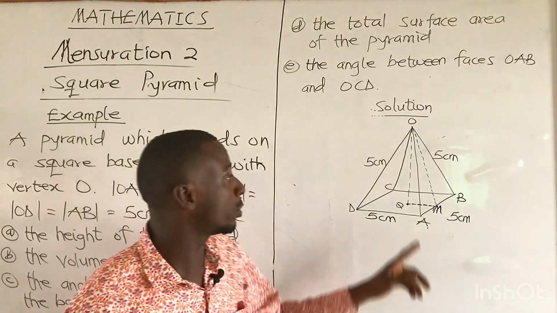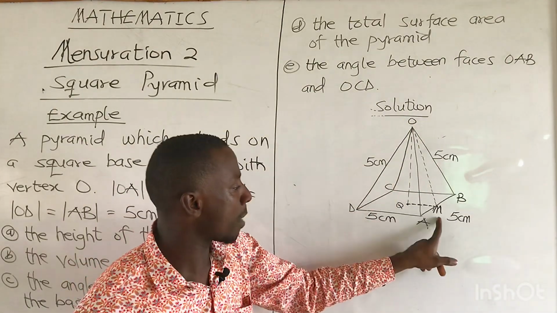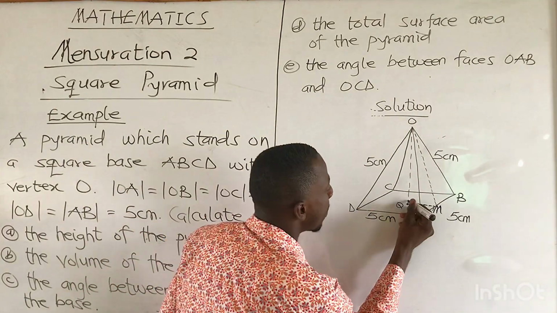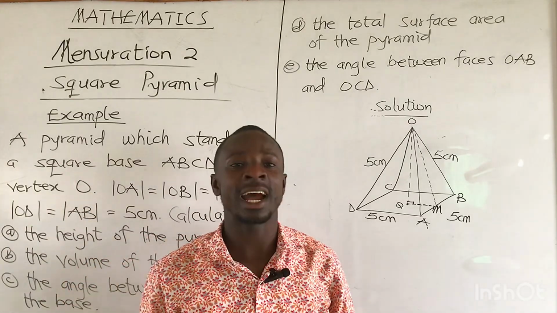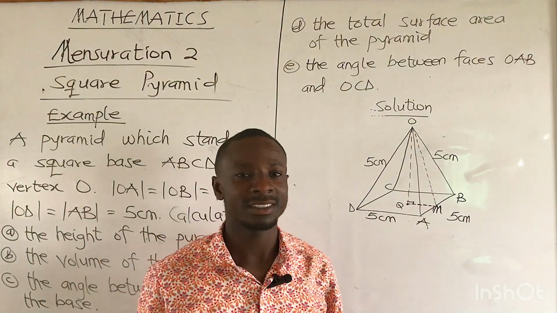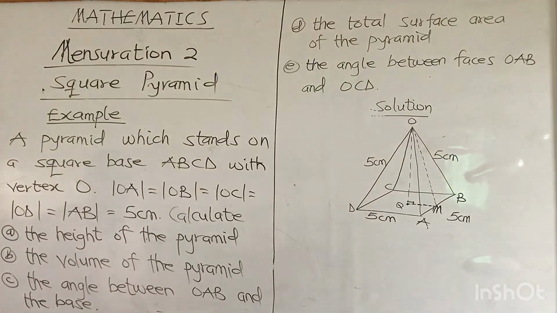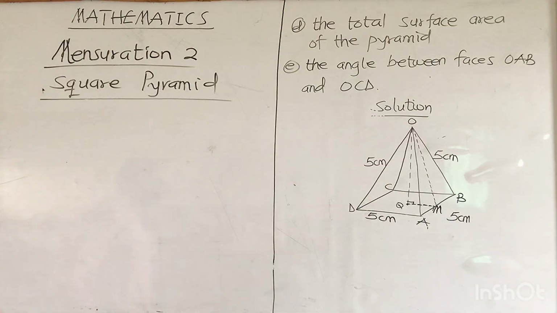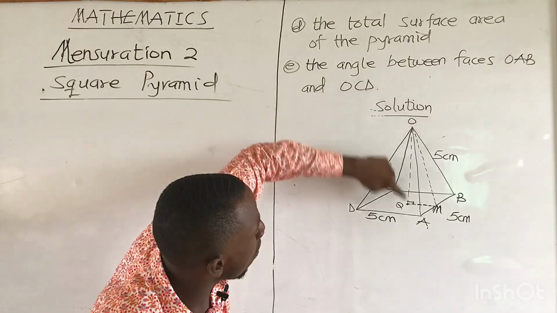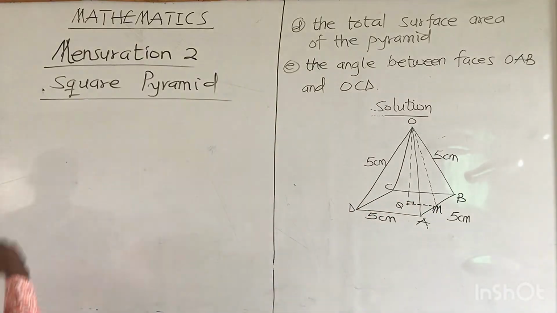If we are able to get OM, then we can use Pythagoras theorem to find OQ, which will be the height of the pyramid. So let's look at how we are going to do it. All right. So from triangle OAB, let me give a sketch of it.